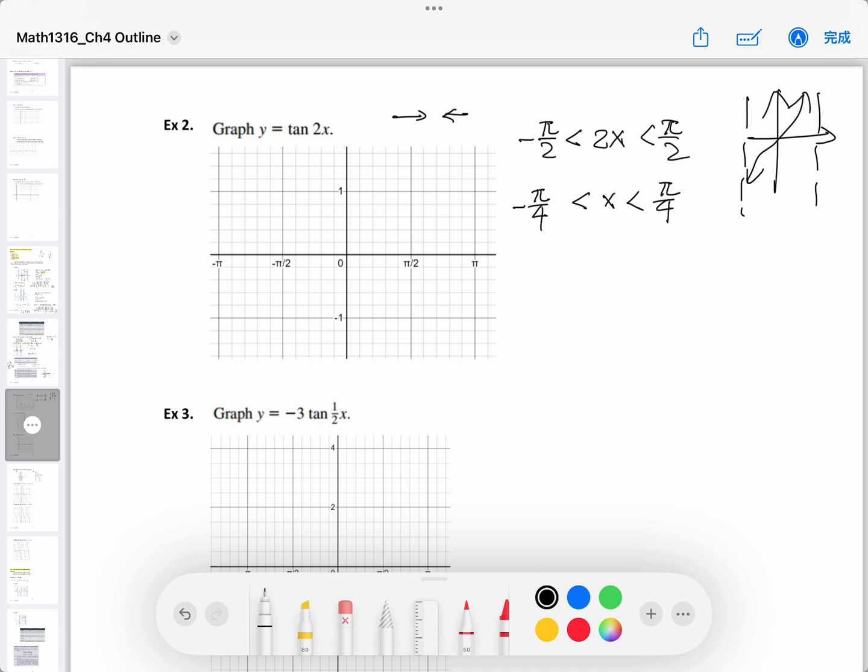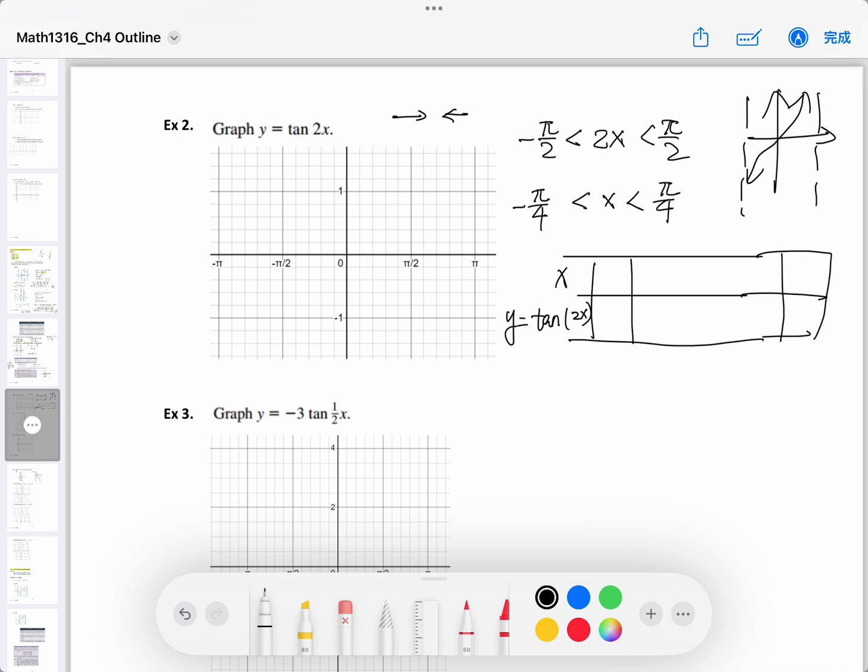Now we can make a table. In this table, we can have 5 key pieces of information. Y is equal to tangent 2x. The negative pi over 4 here is a vertical asymptote, and positive pi over 4 is also a vertical asymptote.